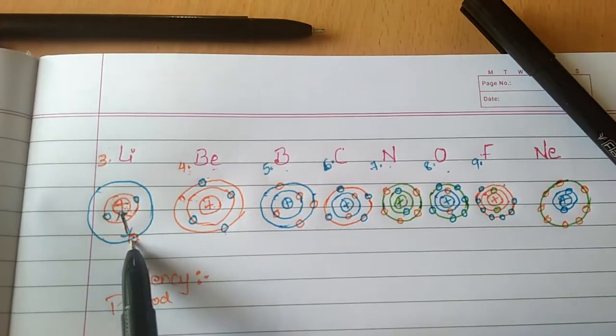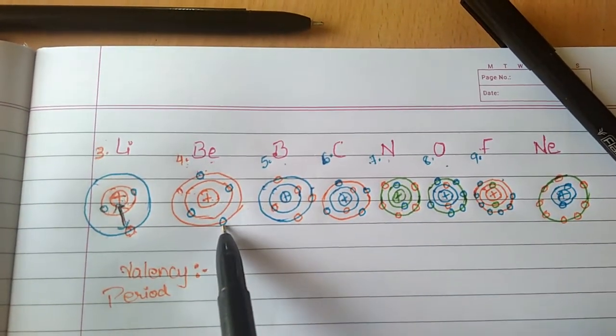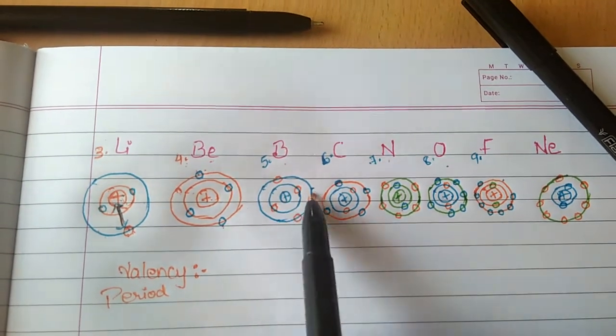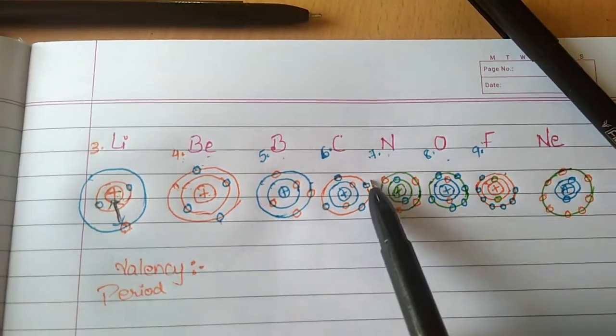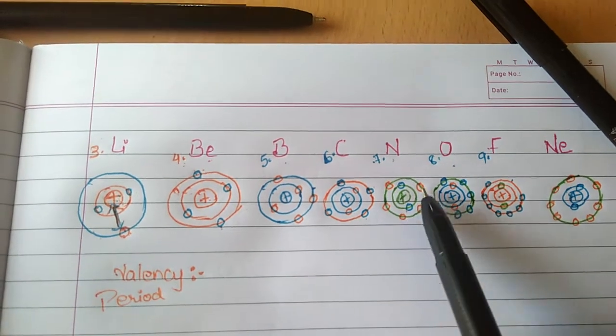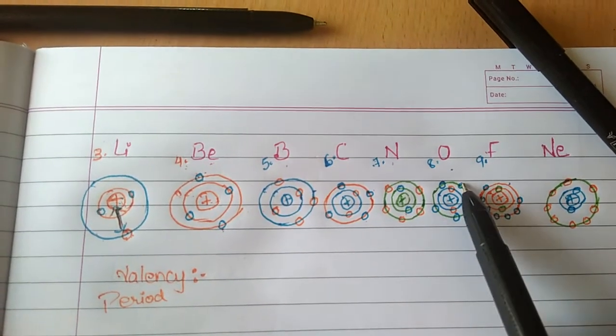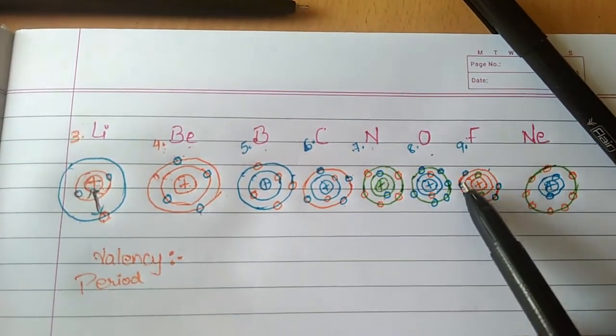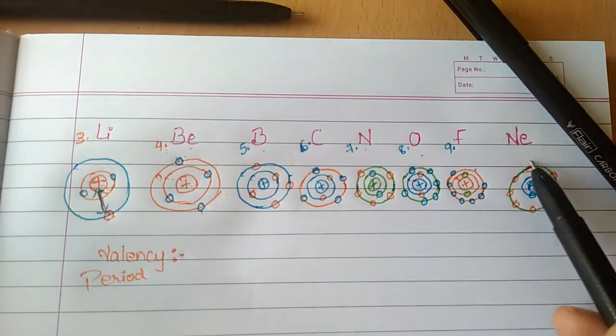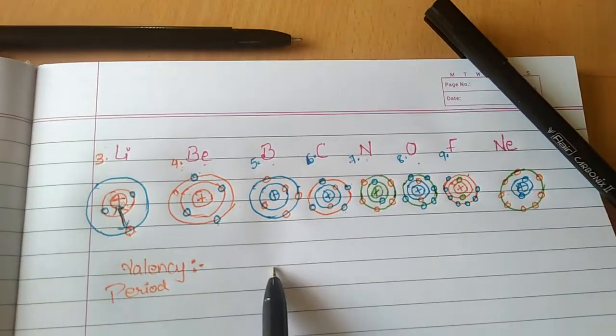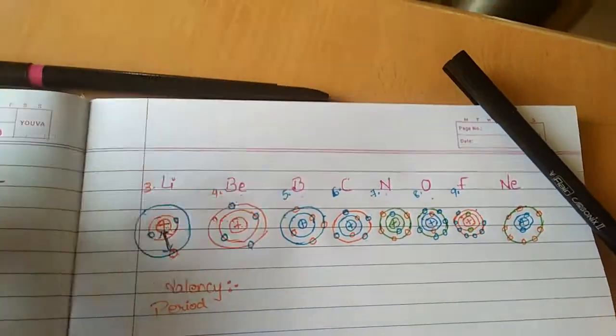Lithium has 1 electron, beryllium 2, boron 3, carbon 4, nitrogen 5, oxygen 6, fluorine 7 and neon 8.